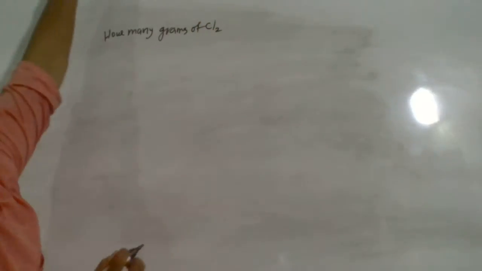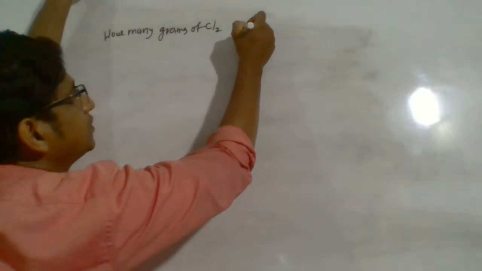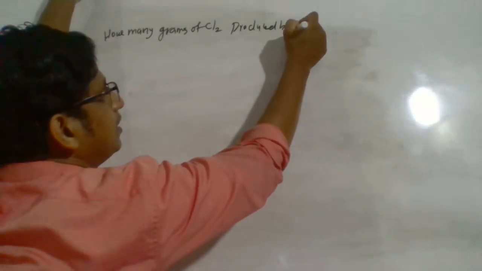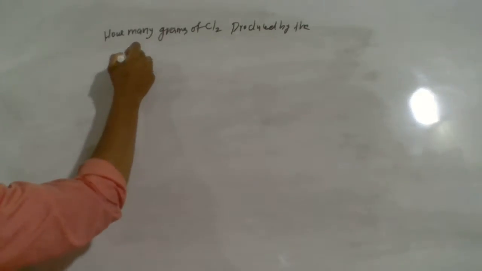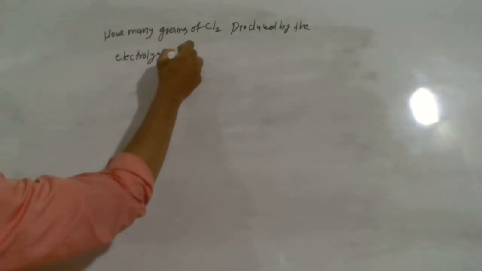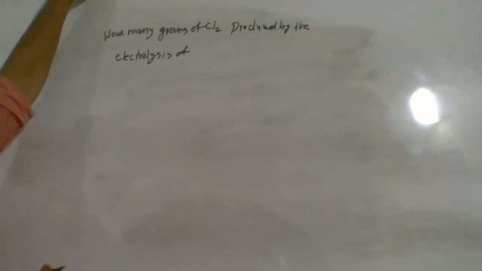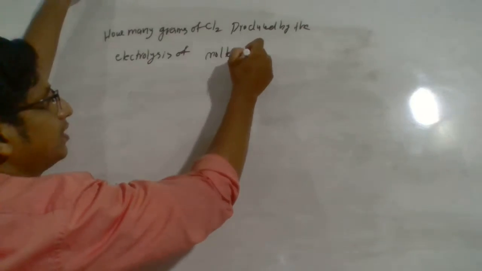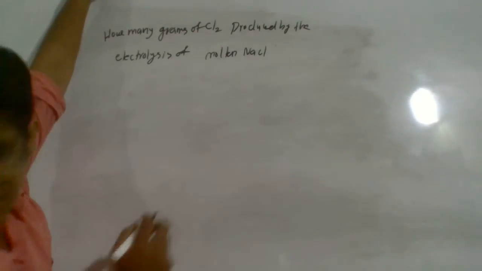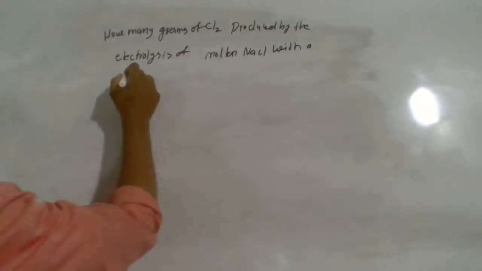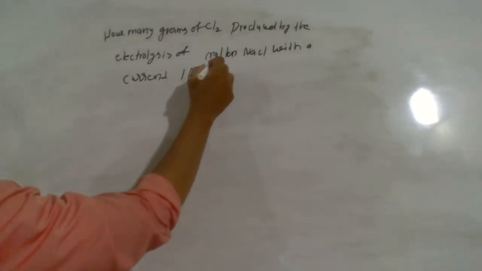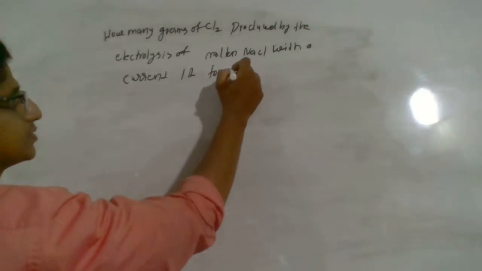How many grams of chlorine are produced by the electrolysis of molten NaCl with a current of 1 ampere for 30 minutes?